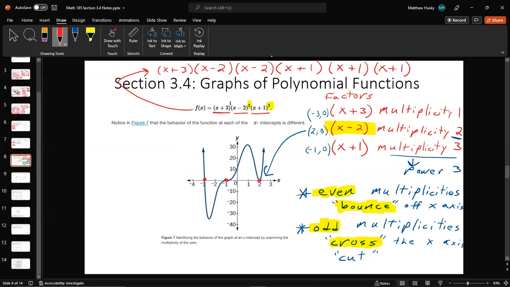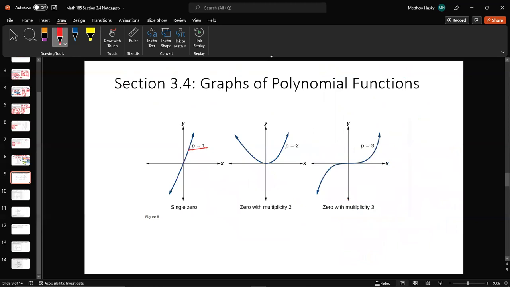A cubic graph is like an S curve. A multiplicity of 3 is going to give you an S curve, which looks a lot like the x cubed graph. This is like y equals x cubed. This one is like y equals x, which is a line.